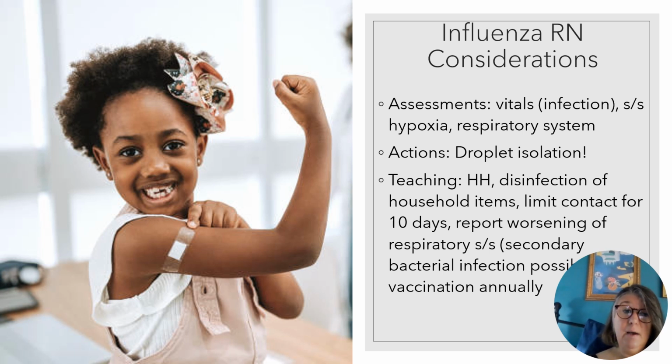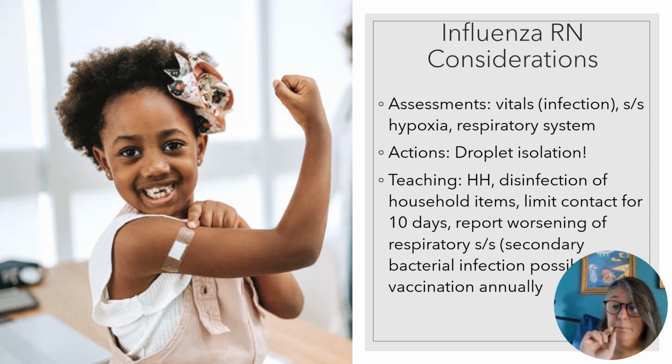This is just about RN considerations. So we're going to do our normal assessments. Because this is respiratory, we're going to worry about hypoxia, check out the respiratory system, lung sounds, all of that. People come in with flu, we're going to want to slap a surgical mask on them. This is droplet isolation. So again, droplet isolation, we're thinking those big fat respiratory droplets travel about 3 feet, maybe 6 if they're a little bit smaller.